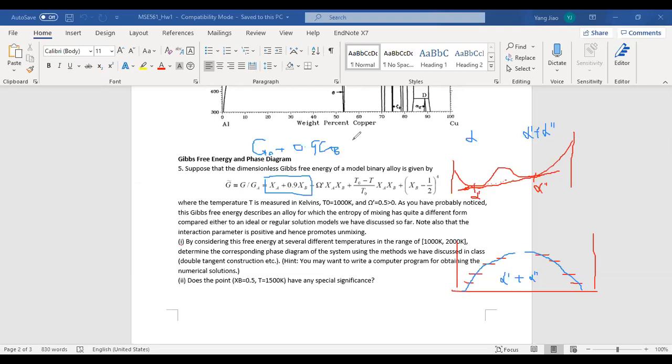Otherwise, it favors existing in a single phase as alpha, right? So the absolute value of free energy is not a concern here because it tells nothing about the stability of these different choices. And a system can definitely have a positive free energy, but still be the most stable system, right?